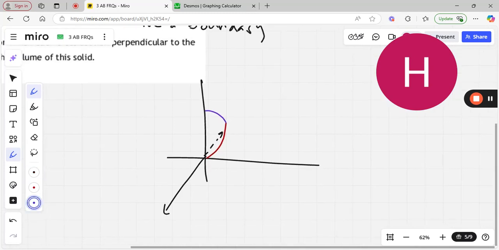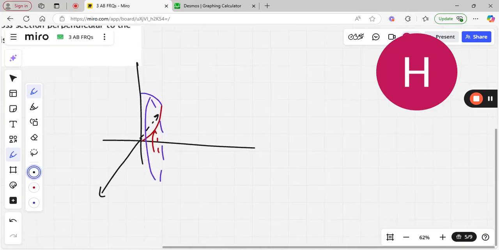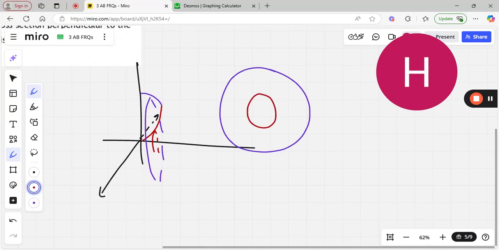Like that. And so these slices are going to have an outer ring, and then they're going to have this inner ring, right? So each of our slices is going to look like this, a washer. Here's the x-axis of rotation. This is little r. There's little r.